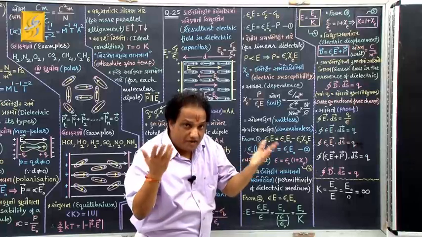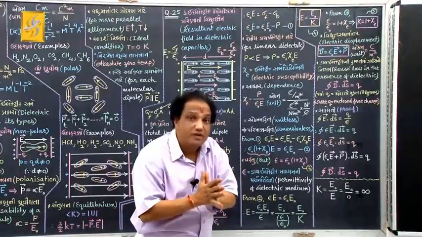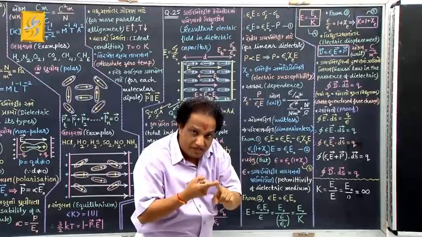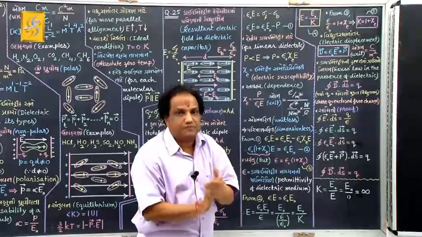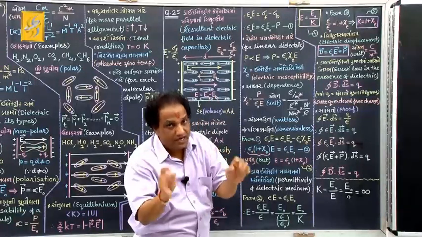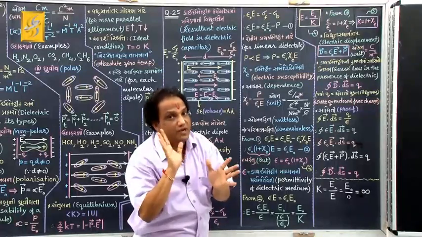For different dielectric media at different temperatures, their electric susceptibility value will be different. The value of electric susceptibility for a given dielectric medium depends on temperature. In general, you can say its value depends on two factors: the type of dielectric medium and the temperature.